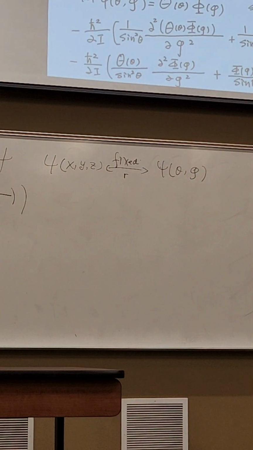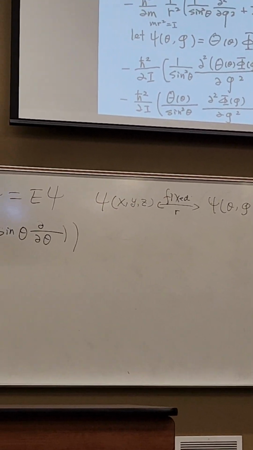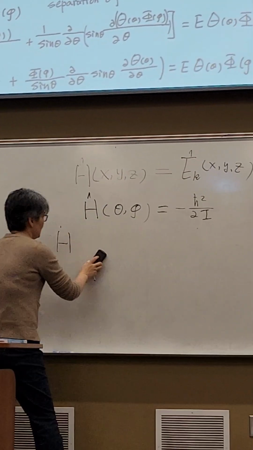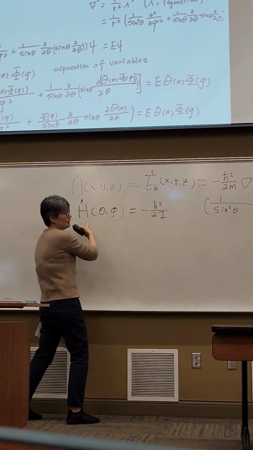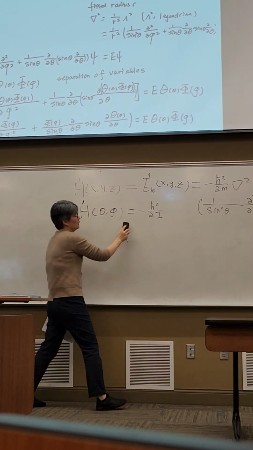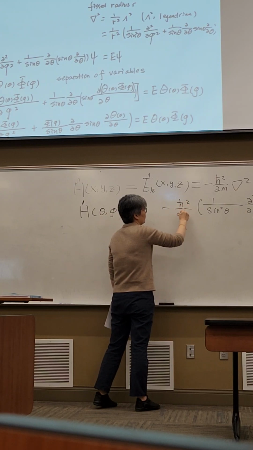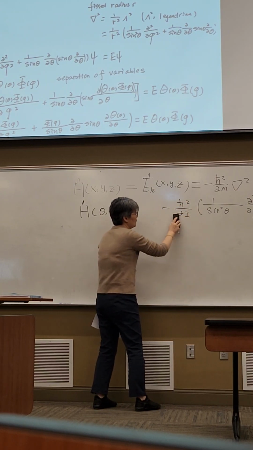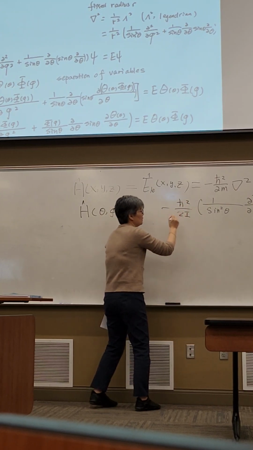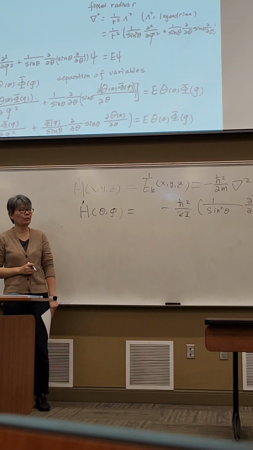So we're going to have this Hamiltonian operator. I'm going to take a shortcut, guys. This is your Hamiltonian operator. Let's write this. Okay, so this is your Hamiltonian operator.